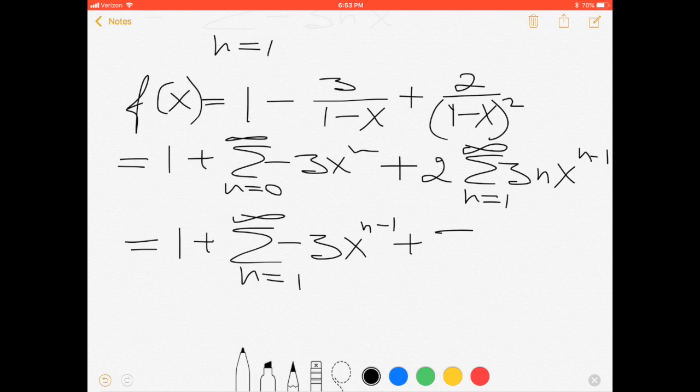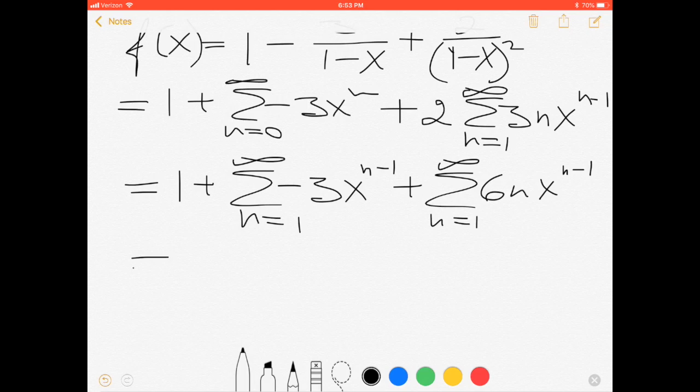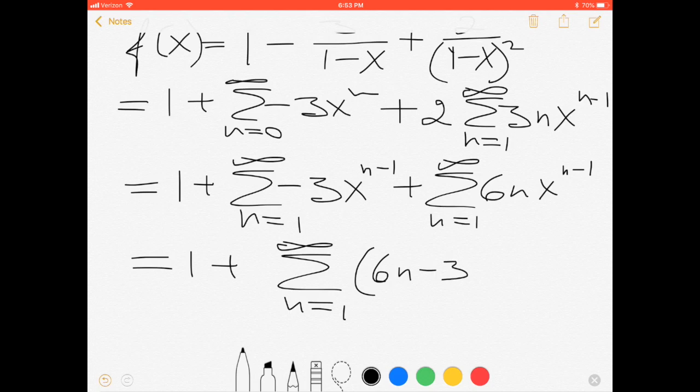Plus 6n x to the n minus 1, n from 1 to infinity. And now we can rewrite it as 1 plus the series n starting with 1 to infinity of (6n minus 3) x to the power n minus 1.